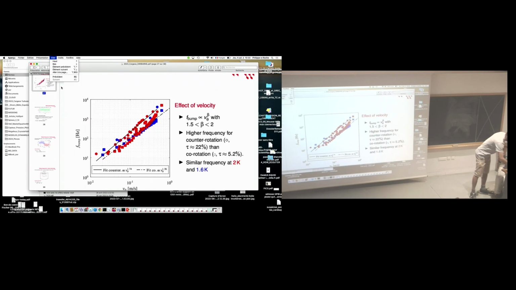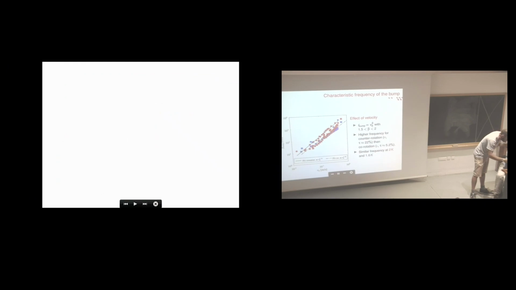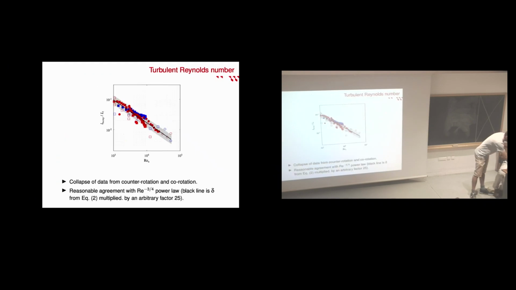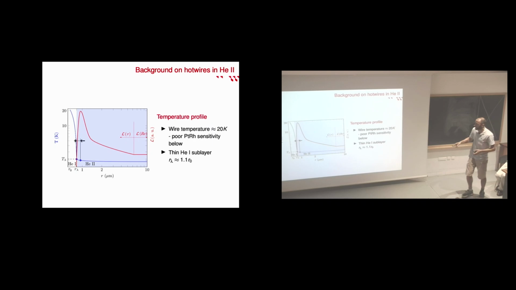It's at the end of the talk. I think I had no time to show you that, but you have here the temperature profile around the wire, and here the expected vorticity profile if you believe in classical counterflow literature.